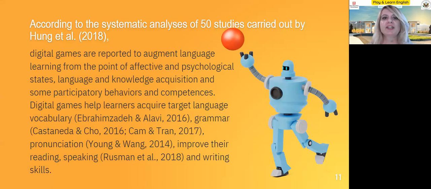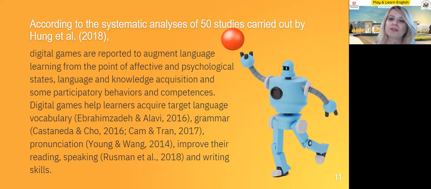So here is a principled review of a quite recent study that shows the findings of how digital games can contribute to language learning. It shows that they positively affect language learning in terms of affective and psychological states, language and knowledge acquisition, and also some participatory behaviors and competencies.